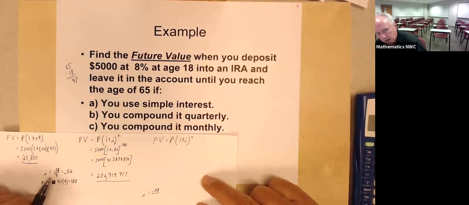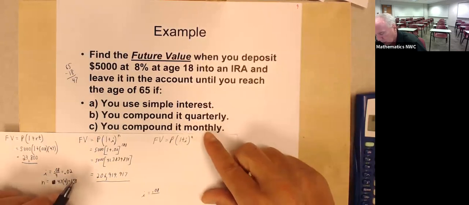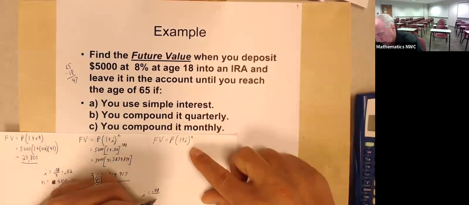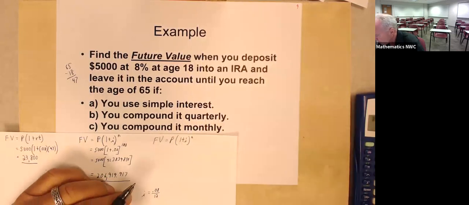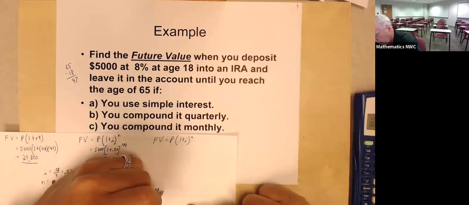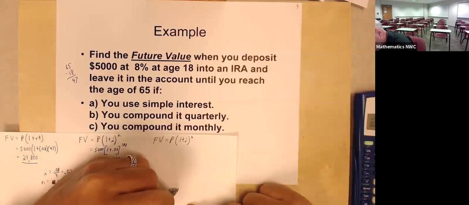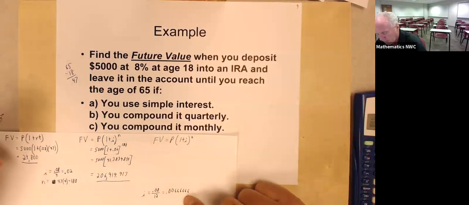Last time we divided by 4 because it was quarterly. This time we're compounding it monthly, so I divide that by 12. That answer, 0.08 divided by 12, turns out to be 0.006 repeating. And I would keep as many of those on my calculator as I can.